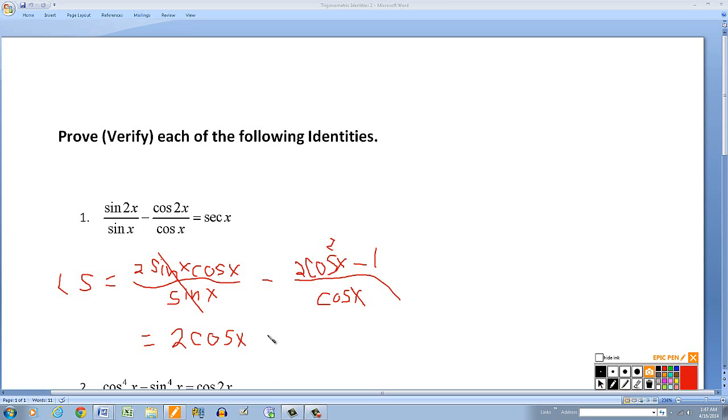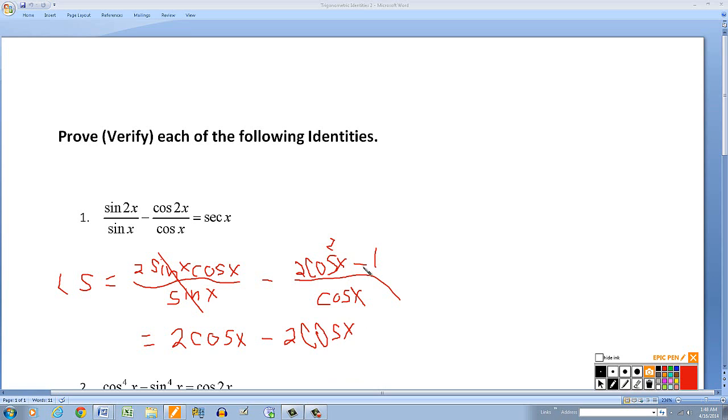So this would give me minus 2. Oops, let me erase this here. Okay, so right here, I can cancel 1 cosine. So this is going to give me 2 cosine of x.